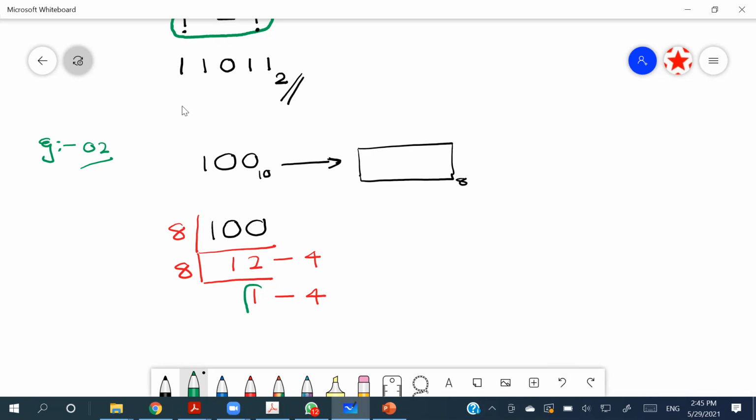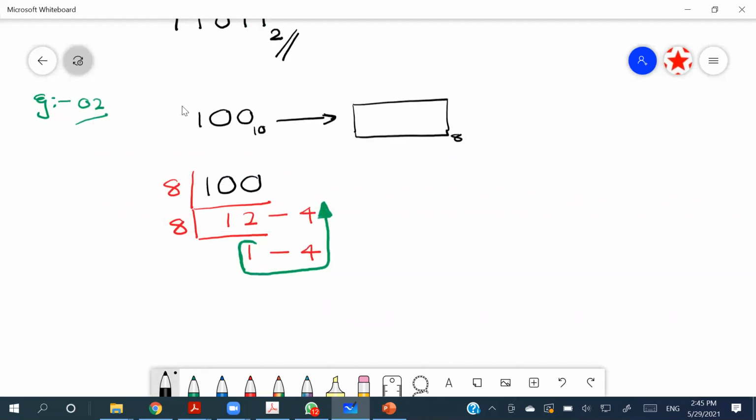So what we are going to do is start from the place we stopped and write the answer with the values of the remainders from bottom to top. That means 100, once it is converted into the octal value, is going to give you 144 in octal.